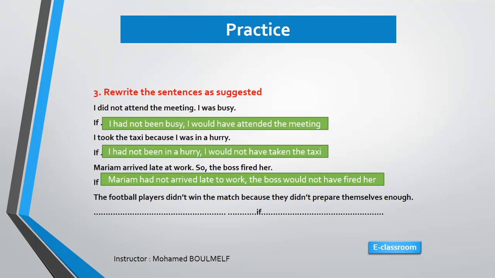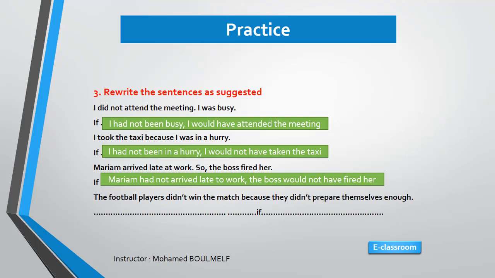Okay, next one, the football players didn't win the match because they didn't prepare themselves enough. So which one is the affirmative, which one is the cause, and which one is the result? Basically the result is the first one, and the cause is the next one because we have because.